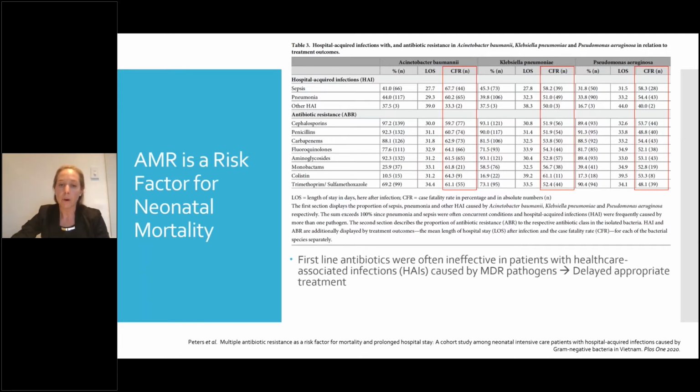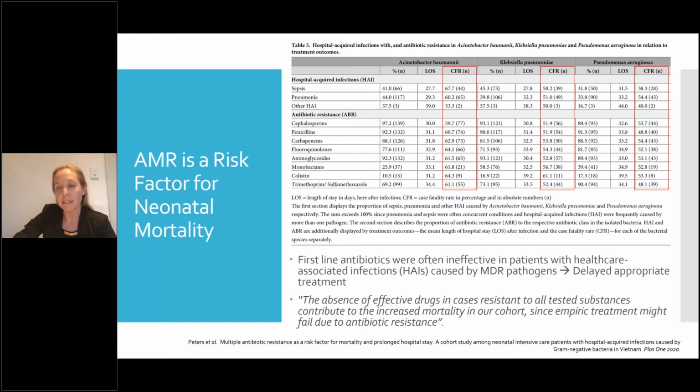And this cohort study really led the authors to conclude that first-line antibiotics were often ineffective in patients with healthcare associated infections, which was the cohort that was followed in this study. And that's due to delayed appropriate treatment.